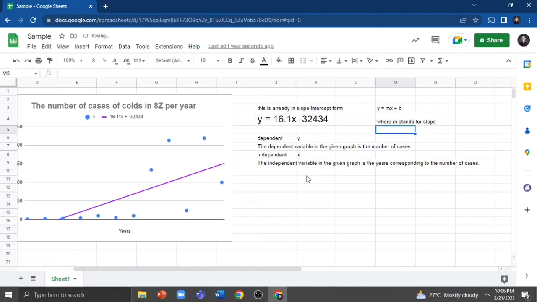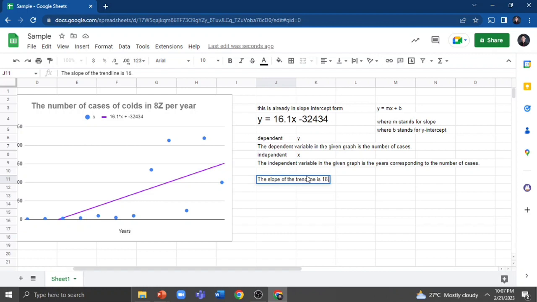And then we have our b, where b stands for y-intercept. So in that case, since it's already in that form, we can identify that given the equation, the slope of the trend line is actually 16.1, because that's what our m is. That's the numerical coefficient of x. Do not include the x, okay?